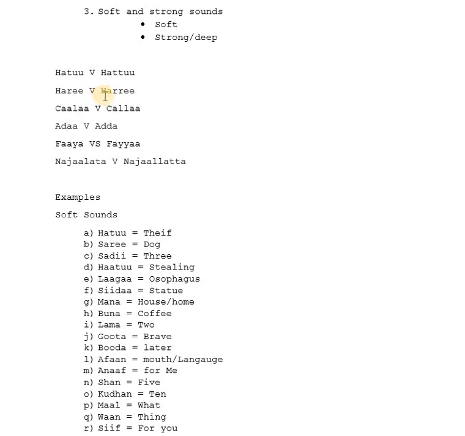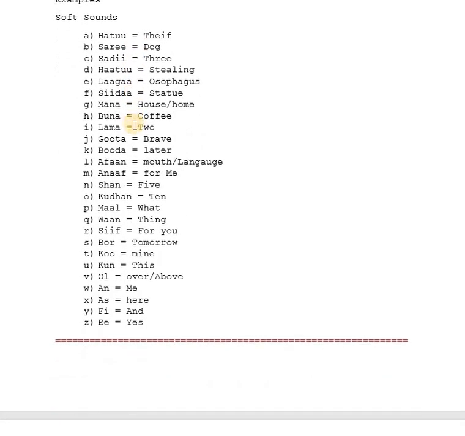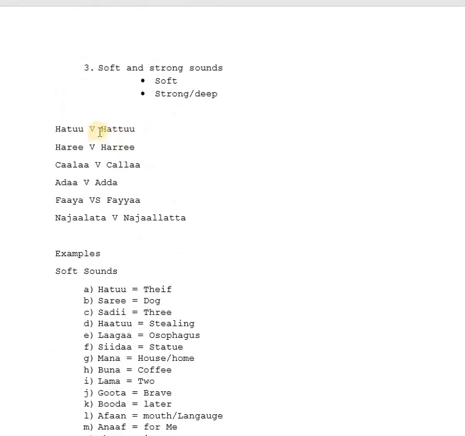But mostly we talk about soft sounds. These are examples of soft sounds. There is no strong one here. The way we write it, if it is strong, we always double the consonant. We will come to that in the next video.